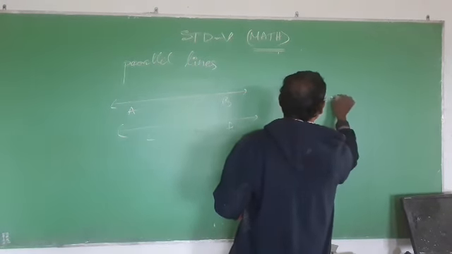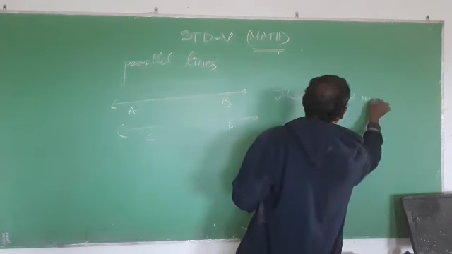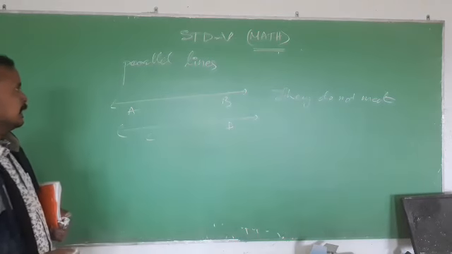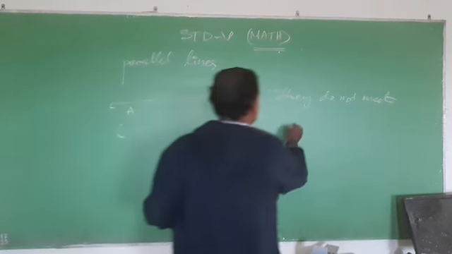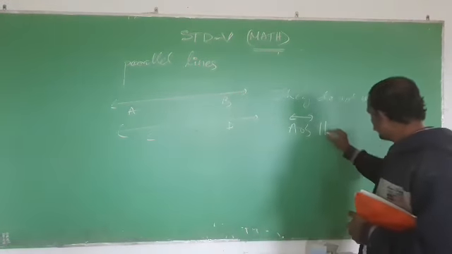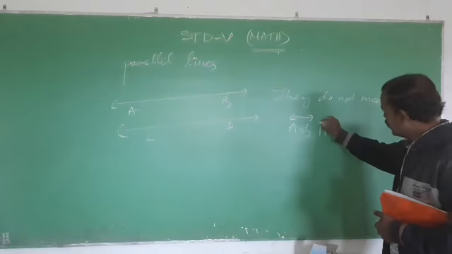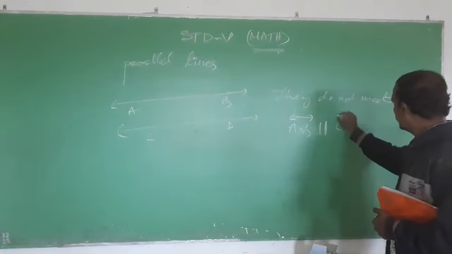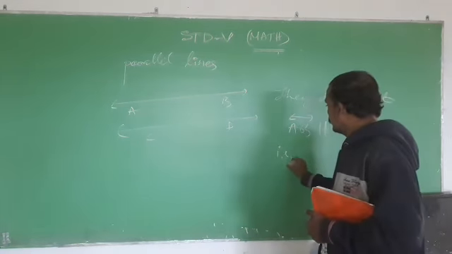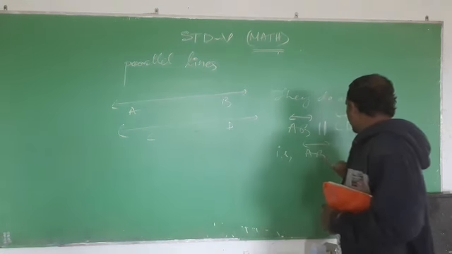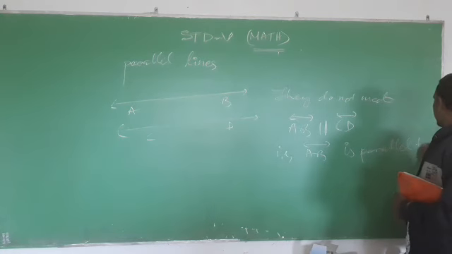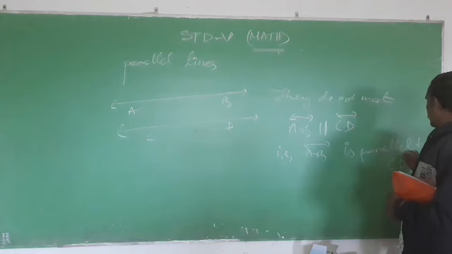So these are called parallel. And इन दोनों को सिंबल में कैसे लिखा जाएगा, AB you put a line mark and put two vertical lines CD. Okay, so AB is parallel to CD.